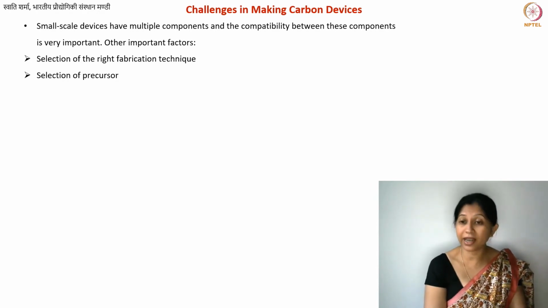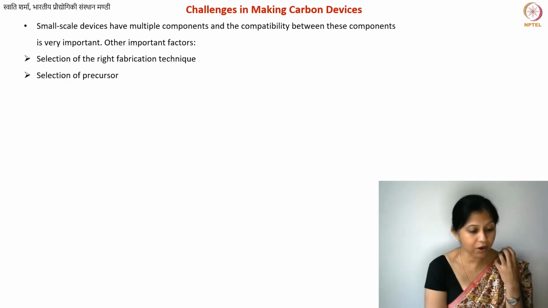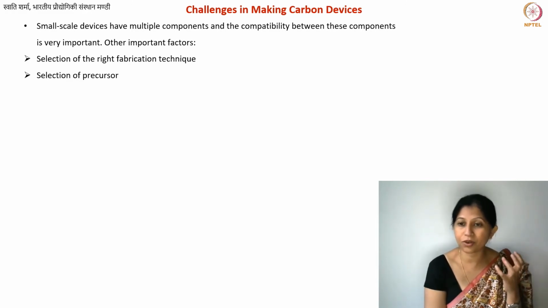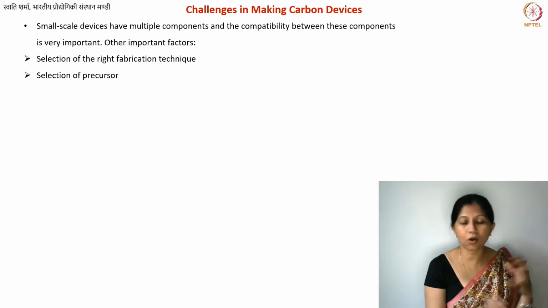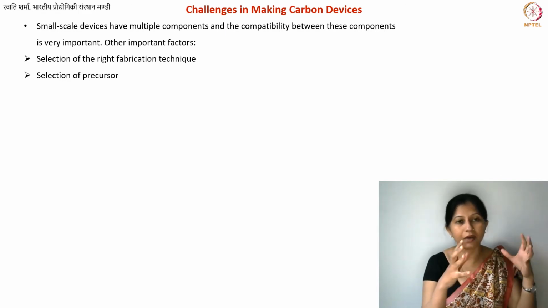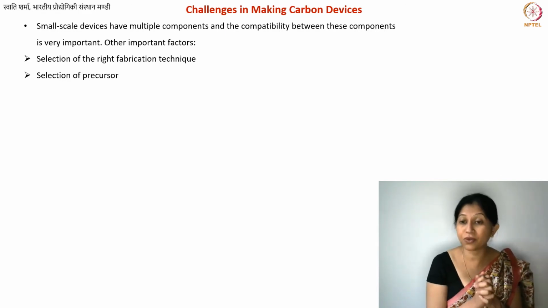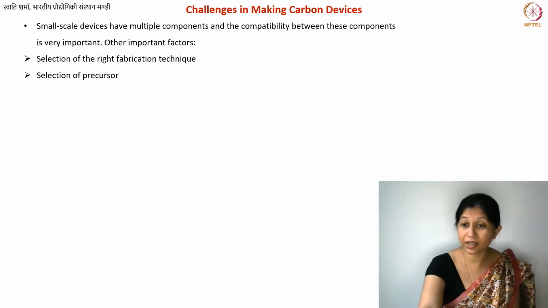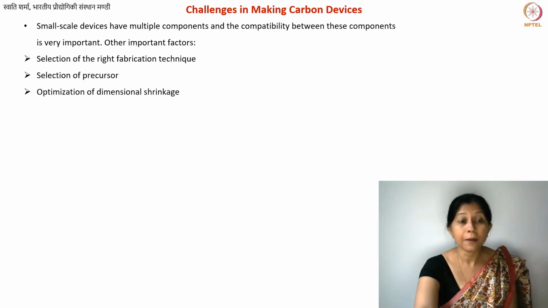You may not get good quality carbon because the carbon content is too low in the polymer, or you have too much oxygen in the polymer, which takes a lot of carbon away, so you don't get good quality carbon. The coking and charring mechanism and all the fundamentals of what gives you good carbon are also valid in the case of micro nano devices. So selection of precursors is very important.